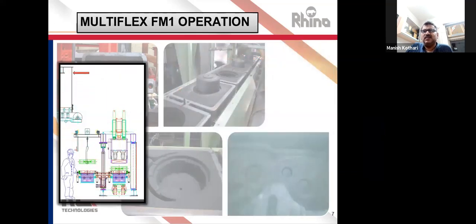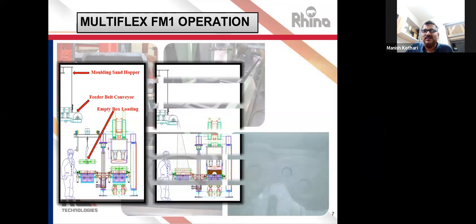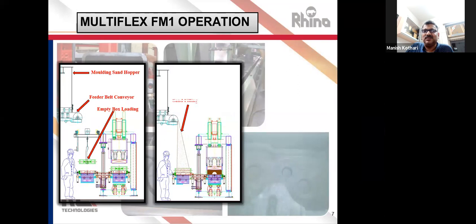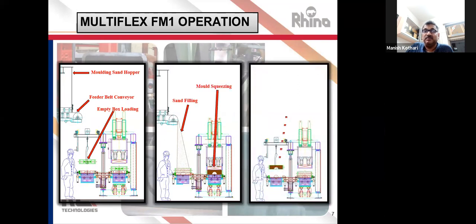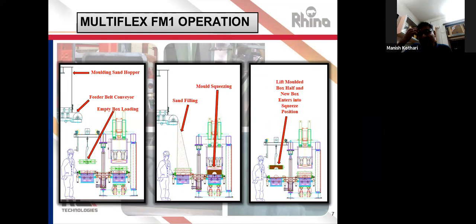So this is a typical configuration of the machine which we developed in 2008, 2009. Just to give an idea of how a standalone high pressure molding machine which you are proposing and working on could meet the needs as identified by the foundry.